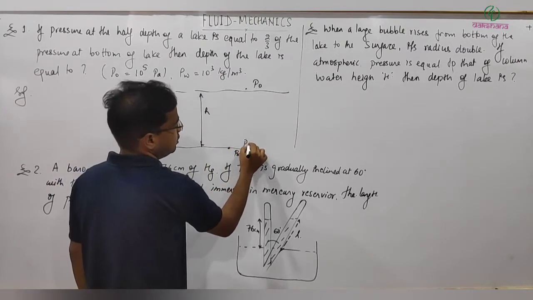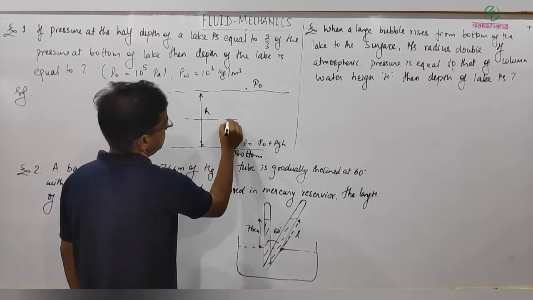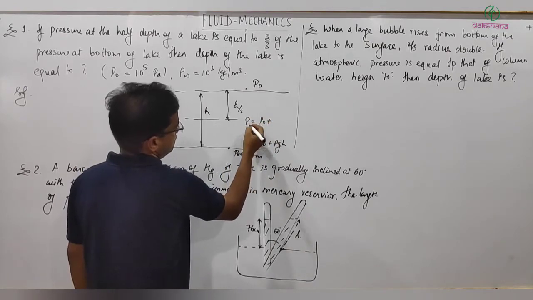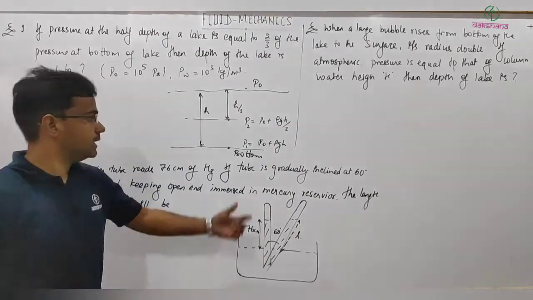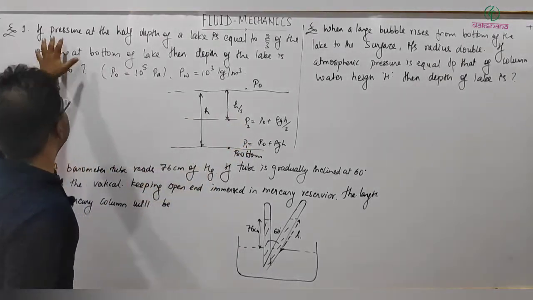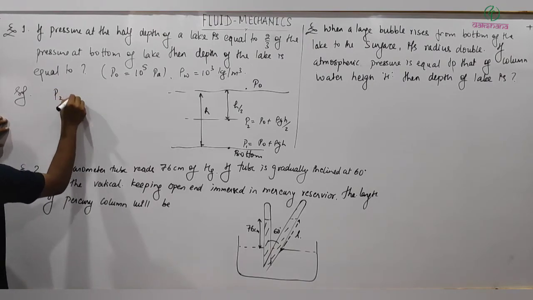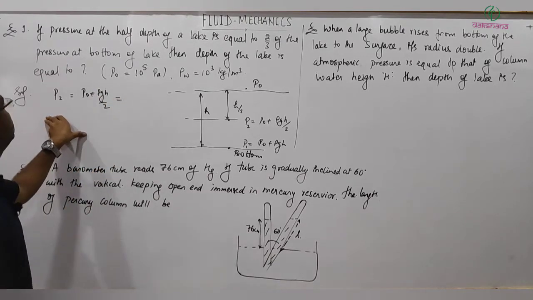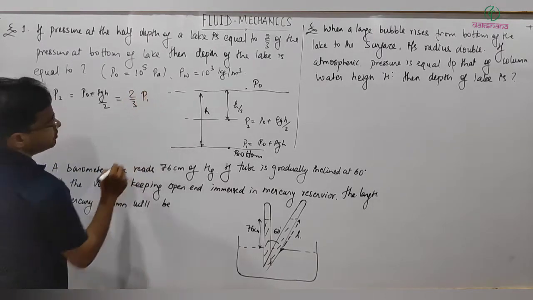Then the pressure at the bottom, P1, will be P naught plus rho g h, and half of the depth is h by 2, so the pressure there, P2, will be P naught plus rho g h by 2. It's given that the pressure at half depth is equal to 2/3 of the pressure at the bottom, that is P1.